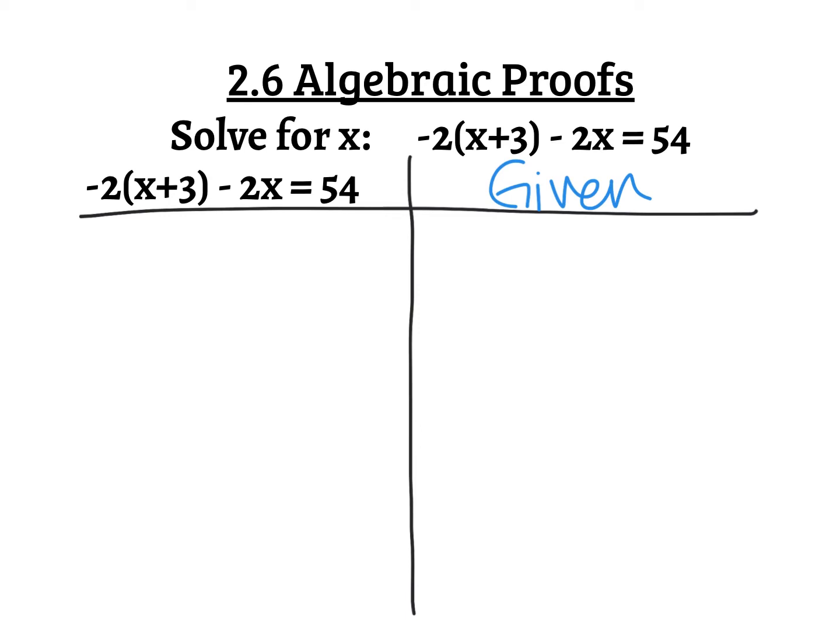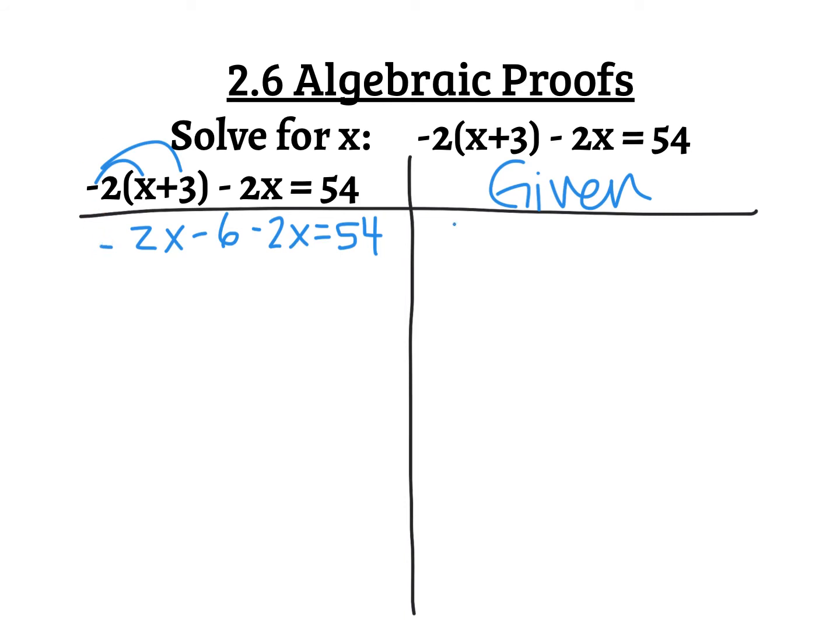So all you really have to think about is how would you solve this problem? I would start by multiplying, distributive property. When you distribute, you get negative 2x minus 6 minus 2x equals 54. What did we do to get from the first step to the second? We distributed.